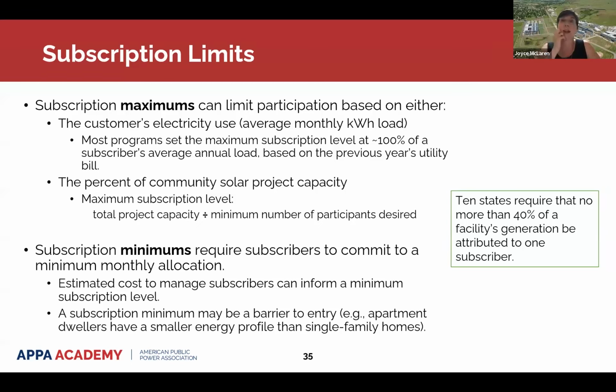So you may say it's a 1 kilowatt minimum or something like that, and it has to do with your own costs. One caution is to be careful, because apartment dwellers or folks with very low income may want to participate, but they may need to have a very small subscription. So it's a good idea to keep that in mind as you're describing what your minimums are.